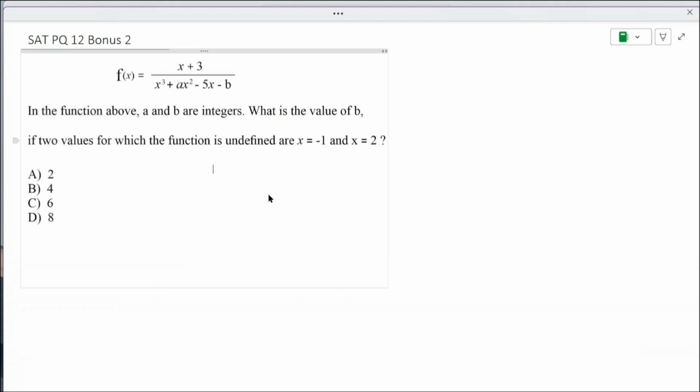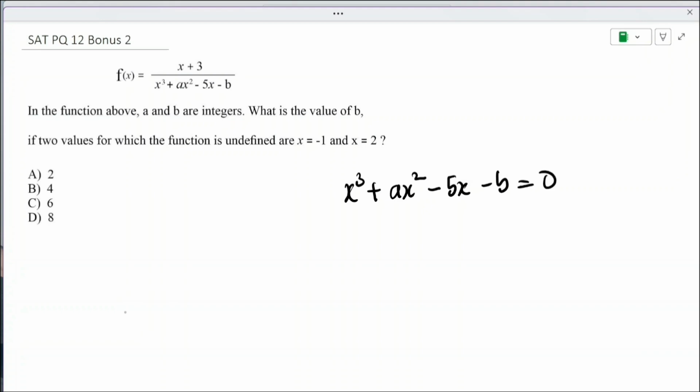We have two values that can make this function undefined. And we know undefined means making the denominator 0. So we have x to the power of 3 plus ax squared minus 5x minus b equals 0.